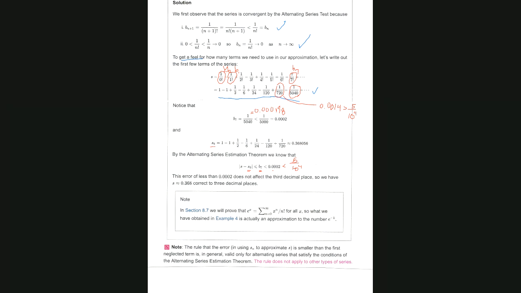Okay, the 7th term of the series was 1 over 720, and that equals 0.0014. Well, notice that's greater than 5 over 10 to the 4th. 5 over 10 to the 4th is 0.0005, right?